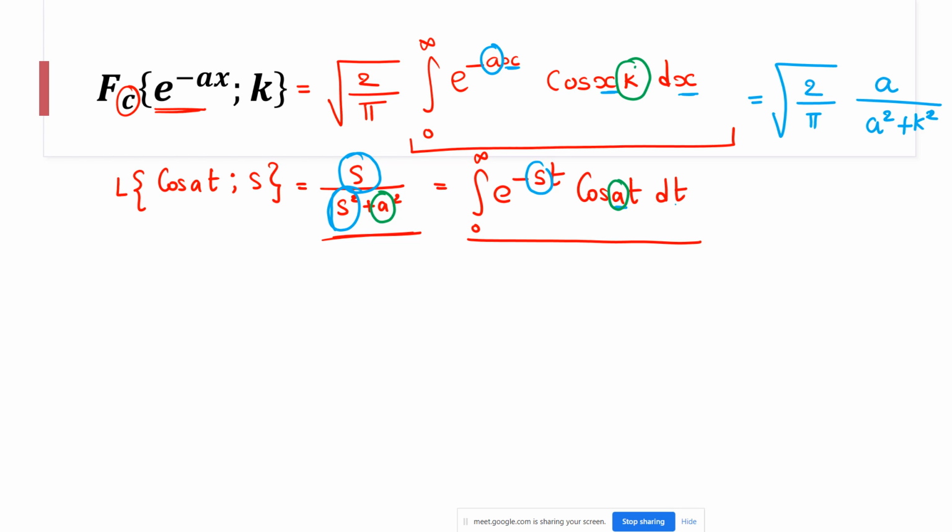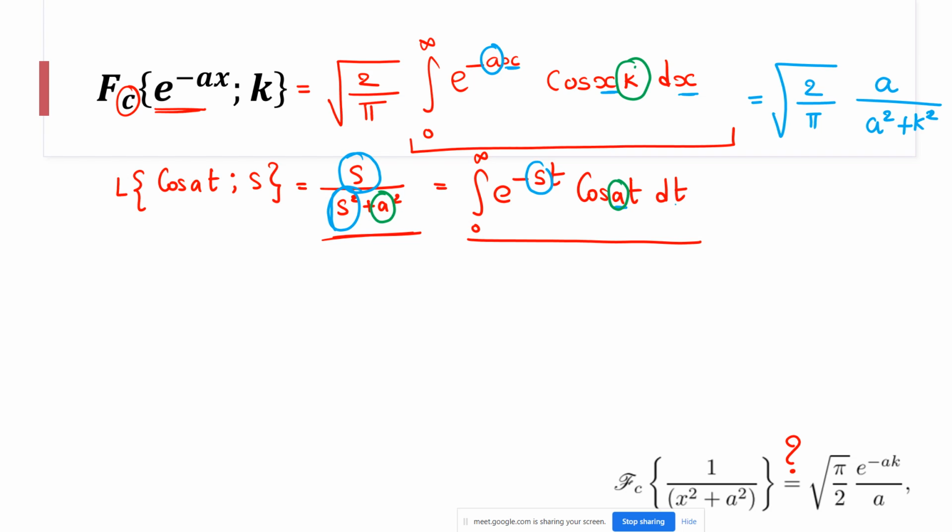Okay. So now there is one more interesting part in this. As we have seen, the Fourier cosine inverse uses the same formula. You can think of whether this equality is true or not. It is actually using the same stuff but in the reverse manner.